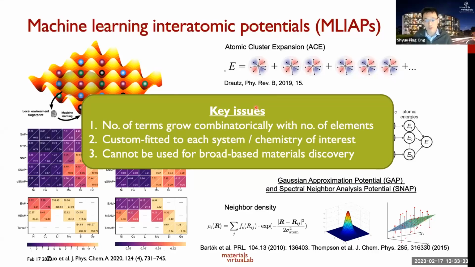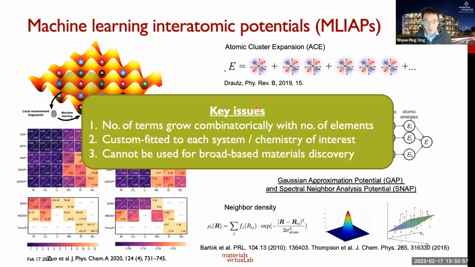You can go up to 3, 4, or 5, even 5 or 6 elements. All right, but as you increase the number of elements in your system, the number of terms grow combinatorially, and by the time you get to about 7 elements or so, it becomes very unmanageable. Okay, so it's very difficult to generate enough data to train a 7-element machine learning interatomic potential.